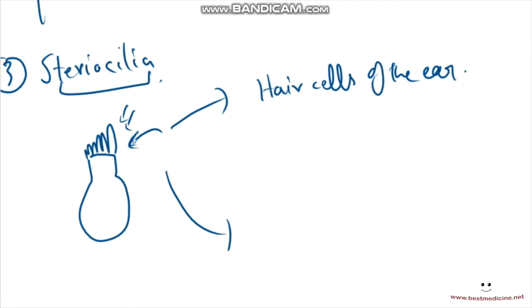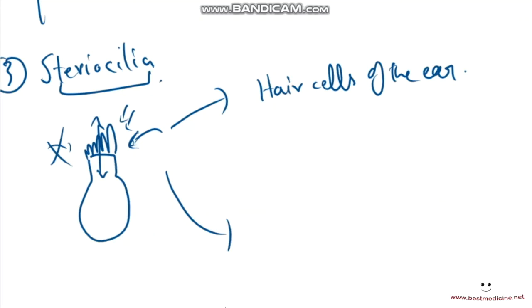So if there's any vibration coming from the surrounding of any person hearing me right now, you have these stereocilia that are actually moving because of the vibrations of my voice, and the vibrations are causing flow of ions across the membrane and so on. The mechanism of this, I will explain it later on in the chapter. Even though it's concerned with physiology, I will still explain it just for the sake of learning.